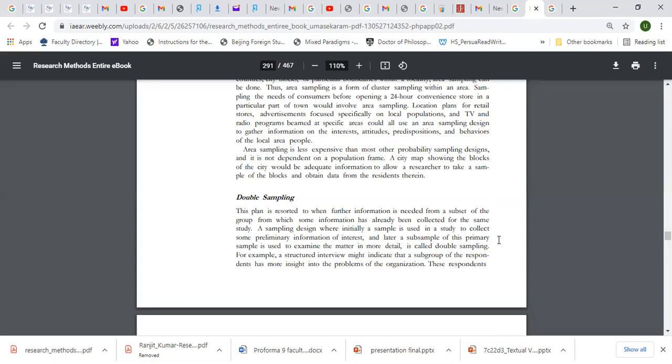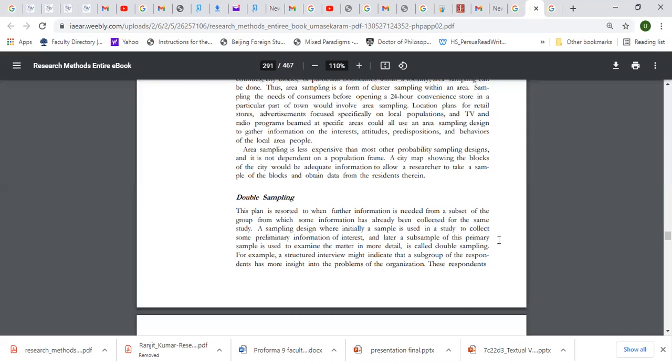Let's suppose I have taken 25 students from BS English as my sample, and first I use them for knowing the proficiency of their spoken English, and then I use the same 25 students for knowing what their mistakes are.